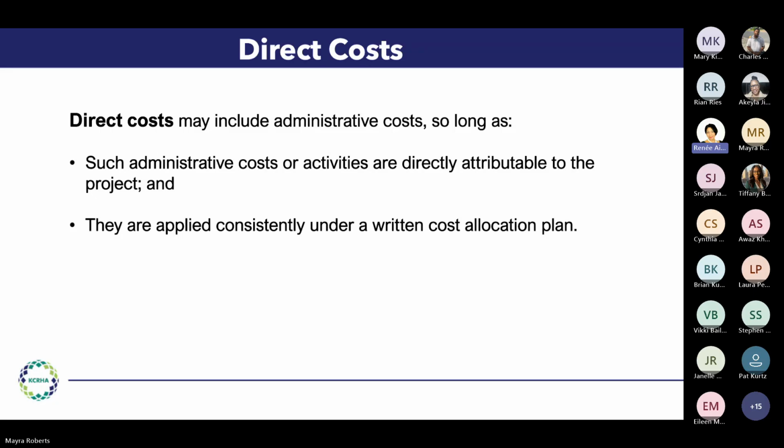That means if I have administrative costs that I charge as a direct cost for this program with KCRHA, I must charge those costs in the same manner across all of my programs, whether funded by KCRHA or not. My written cost allocation plan is an indicator of how I do business, how I attribute or assign costs, allocate costs, and I must do that consistently across the board. So you can't pick and choose, saying I'm going to charge it directly for this program and charge it indirectly for another program. That is not permissible. It must be consistent across the board. Next slide, please.